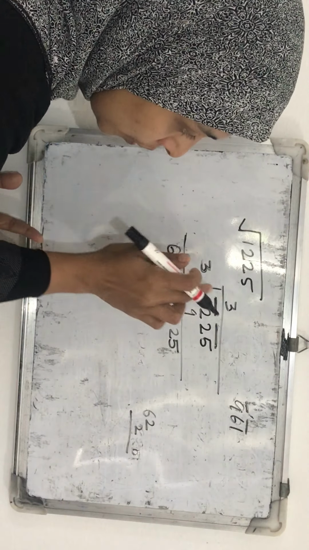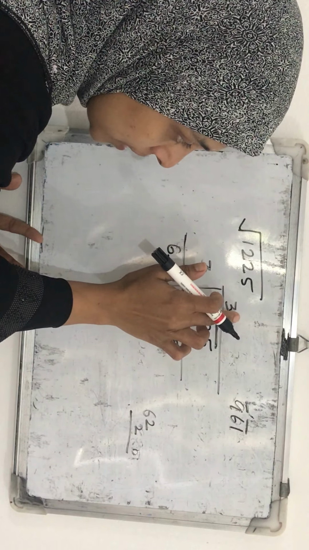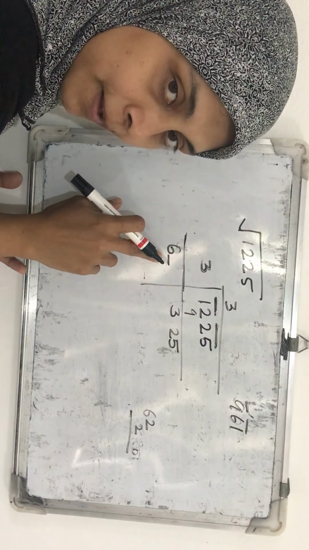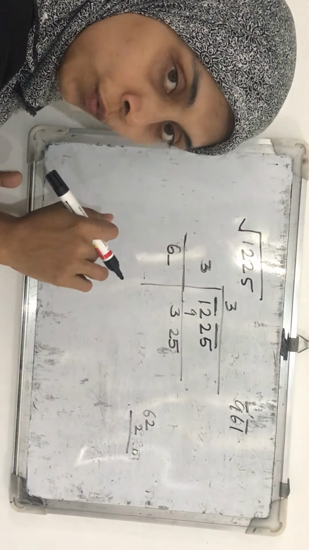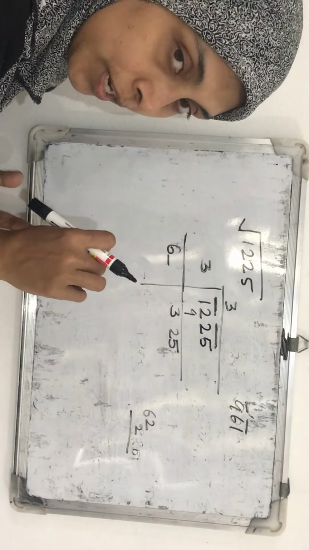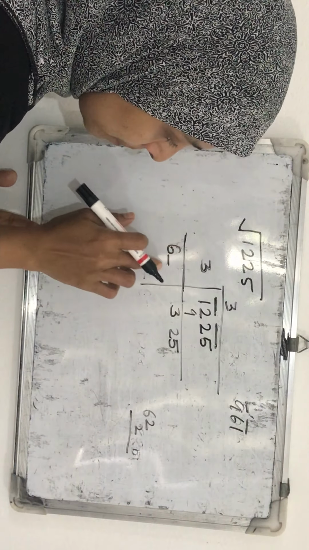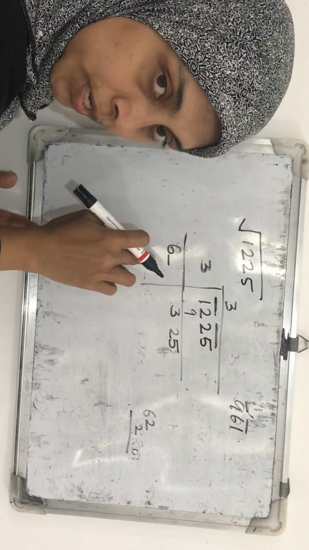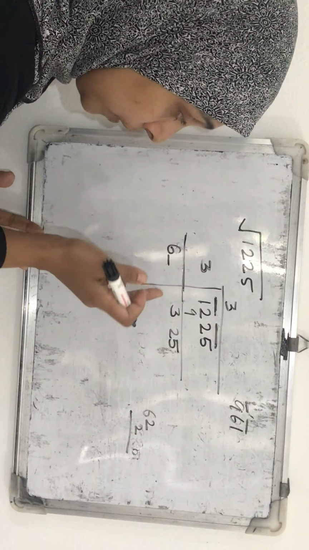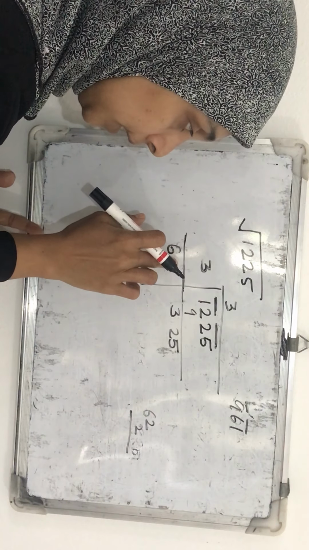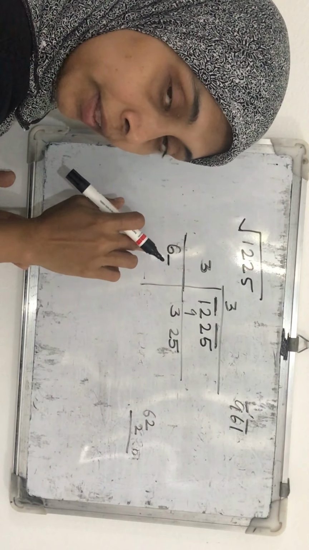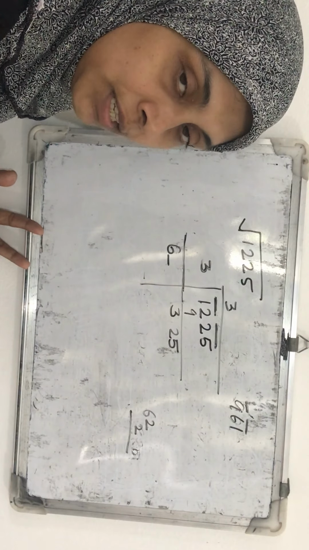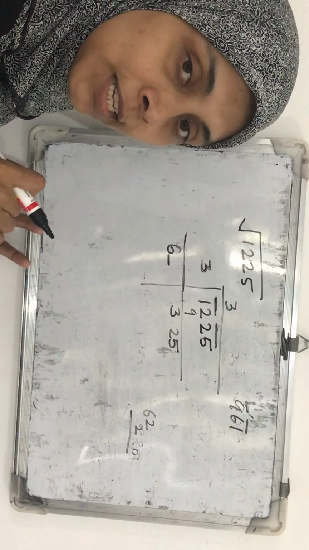So first we write the double of the quotient here with a blank on the right side, and that blank we fill with a digit such that when we multiply that number with the same digit, if I write here 2, then 62 multiplied by 2. If I write here 3, then 63 multiplied by 3. Then that product should be less than or equal to 325. We want to select such a number.